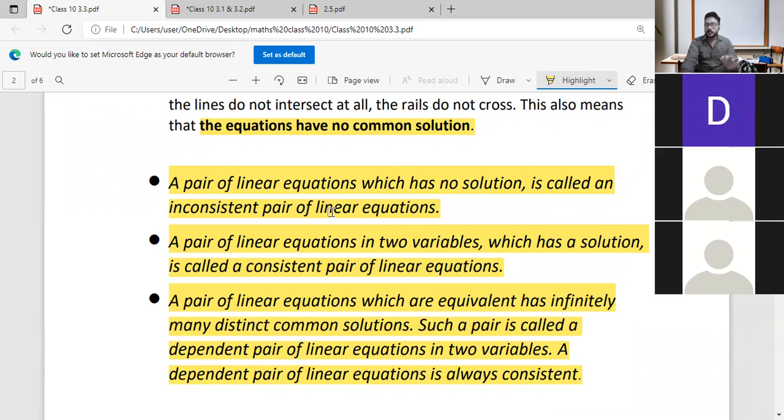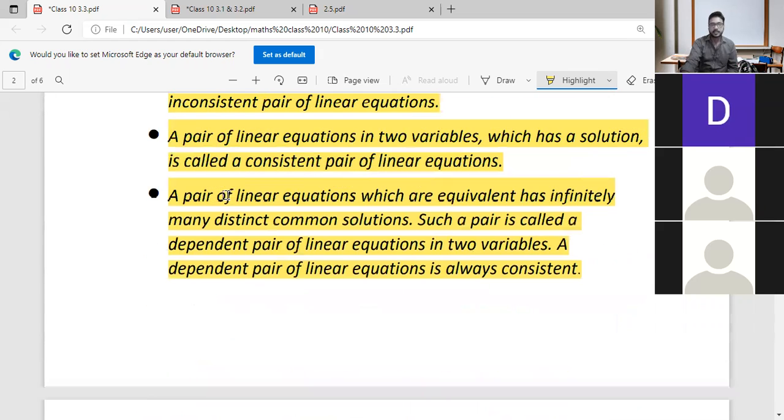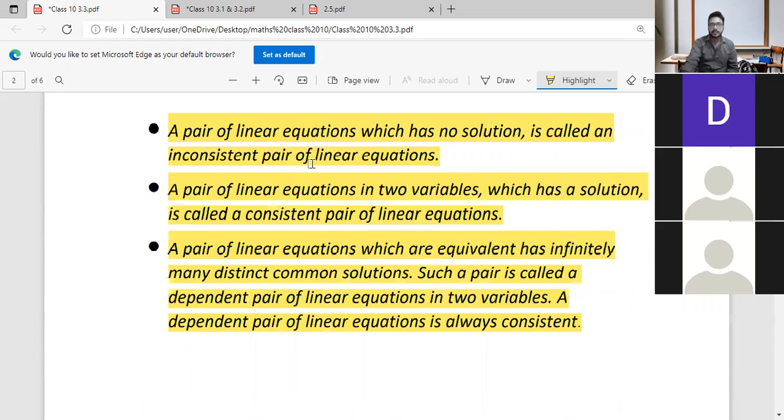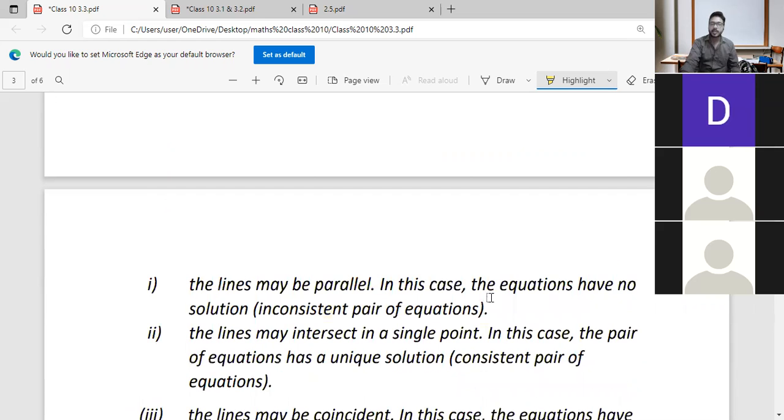And corresponding to these three cases, which are the inconsistent pair, the consistent pair and the dependent pair of linear equations, there arise three geometric cases. The first case that we have seen is that the lines may be parallel.